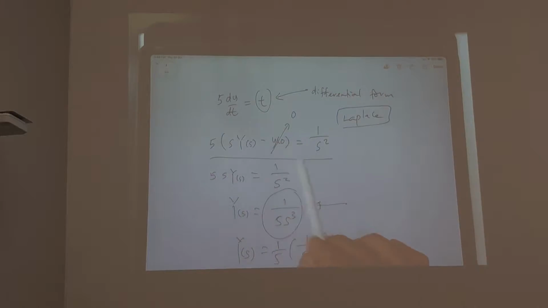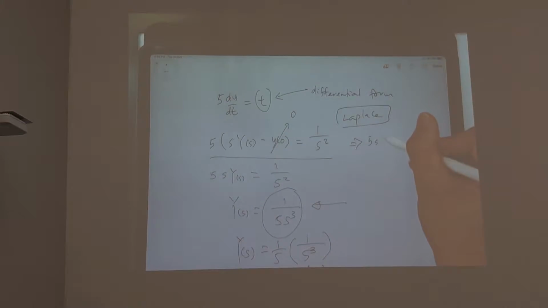Now the question is actually telling you this small y at time t equal to 0. So this one becomes 5sY minus 0 equals 1 over s power 2, correct? Minus 0 I don't need to write, so I take it out. I only want to arrange Y at this side. I put all the s at the other side.